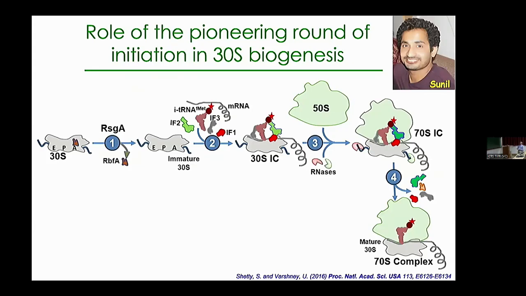The initiation factors are binding there, initiator tRNA and mRNA come there, the 50S subunit comes. And it is actually at this stage that these extra sequences are trimmed away. So in the pioneering round, somehow this initiator tRNA, when probably the 70S complex is formed, triggers that the ribonucleases can now trim away these extra sequences, and you get the mature ribosomes.